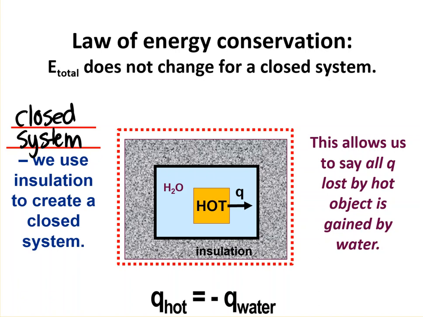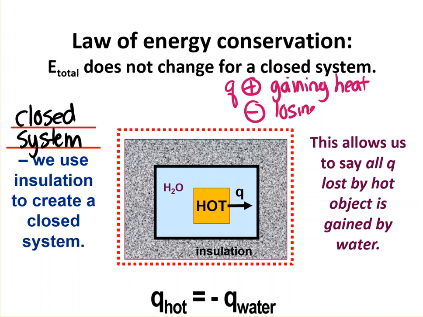The Q for the hot object is the opposite sign as the Q for the water. What I need to tell you is that when you look up a Q, it'll be a number in joules or kilojoules, but it also has a sign. It is positive for something gaining heat and negative for something losing heat.